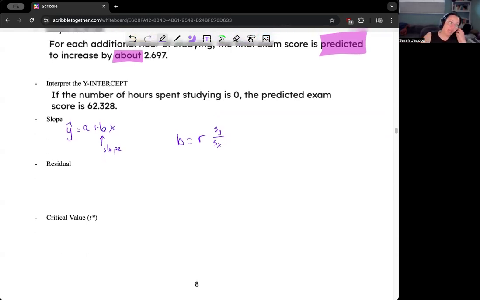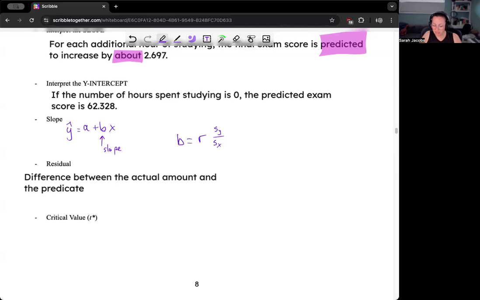Like residuals. Everyone needs to know how to find a residual. Just as a reminder of what a residual even is. A residual is the difference between the actual amount and the predicted amount.